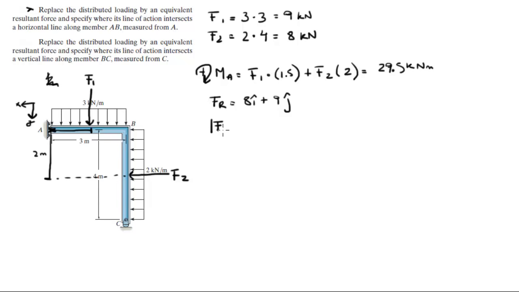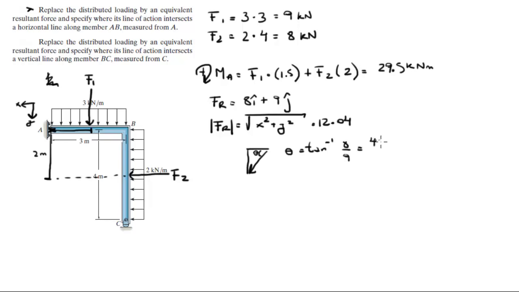The magnitude of this resultant force is found by taking the square root of the X component squared plus the Y component squared, and it comes out to be 12.04. The angle theta that it forms, with 8 in the i and 9 in the j, is given by the tangent inverse of 8 over 9, which comes out to be 48.4 degrees.